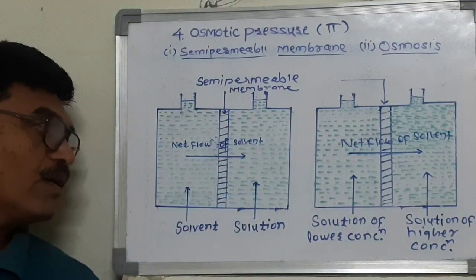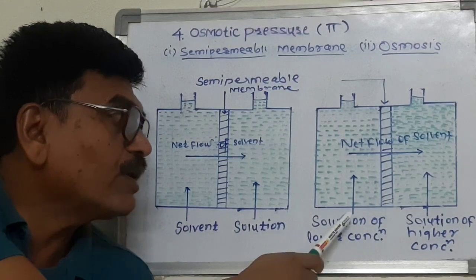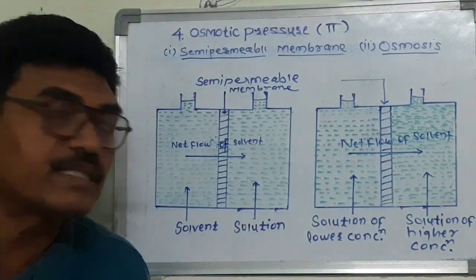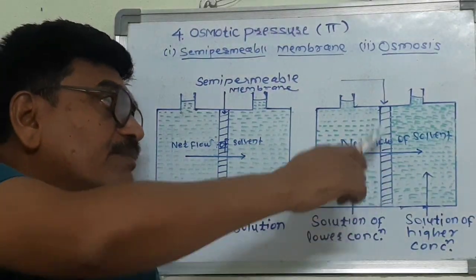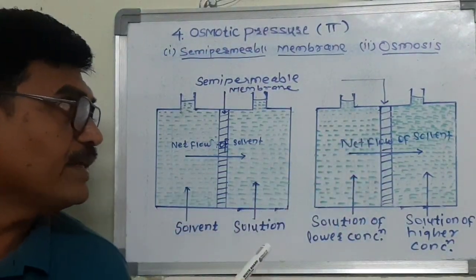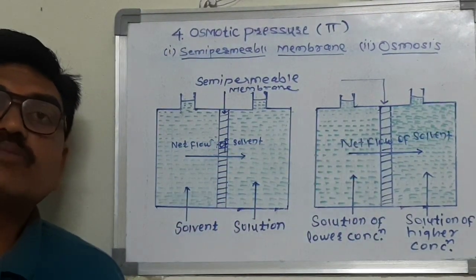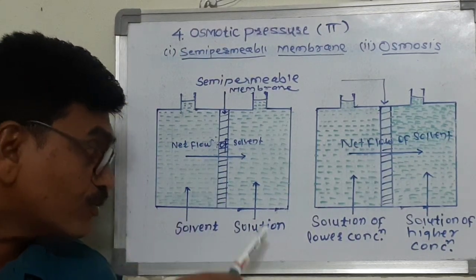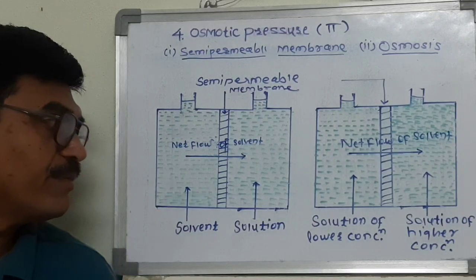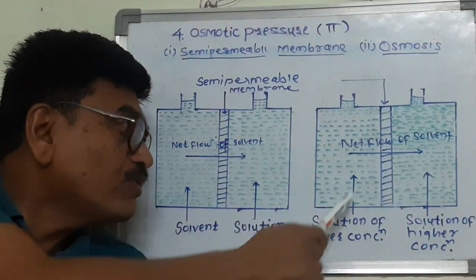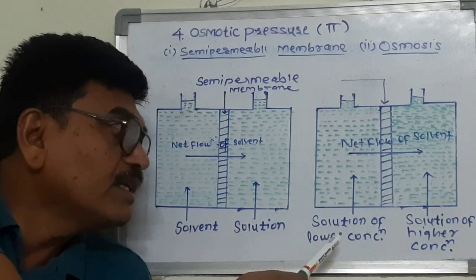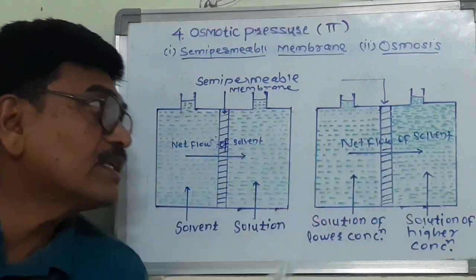Or when a solution of lower concentration, that is the dilute solution, and a solution of higher concentration are separated by the semi-permeable membrane, see what is osmosis: the net spontaneous flow of solvent molecules from the dilute solution, or solution of lower concentration, to the solution of higher concentration occurs.